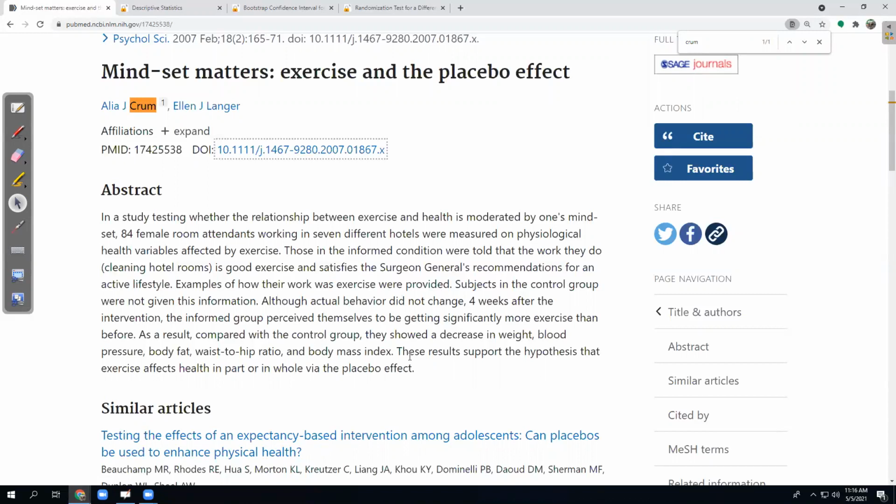And the results seem to support the hypothesis that exercise affects health in part or in whole via the placebo effect. Meaning, if you're told doing this will help you feel better, then you're more likely to feel better, whether it actually helps or not.